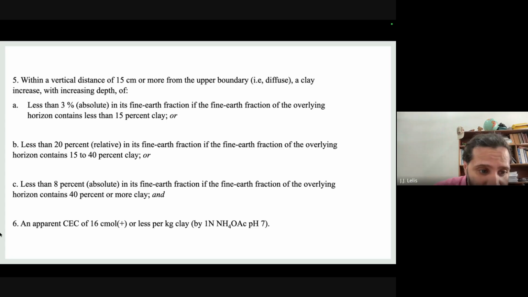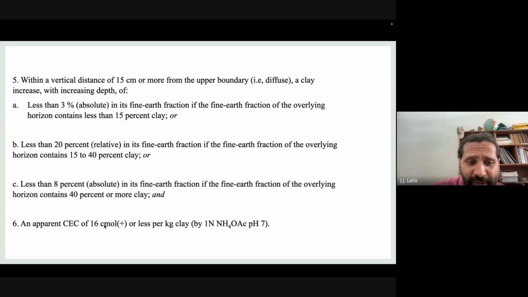And something that's quite important here is that the apparent CEC of the soil should be equal to or less than 16 centimole charge per kilogram of clay, okay? How can I do that?